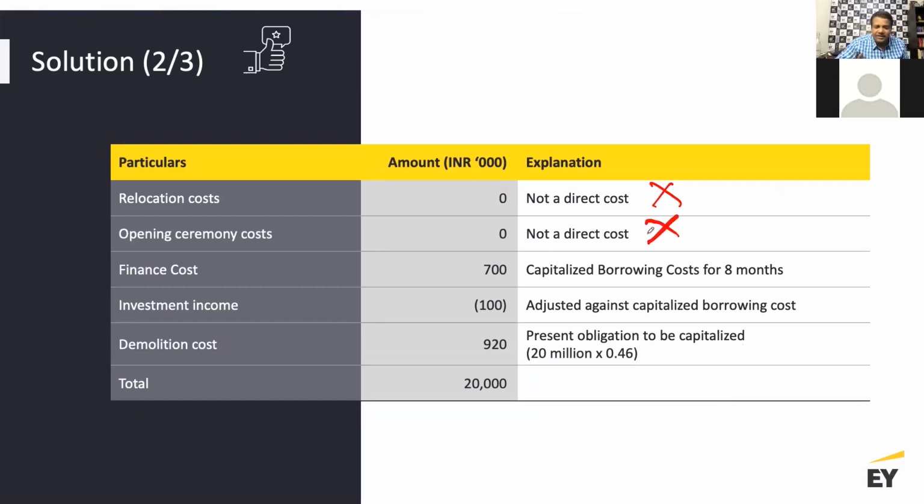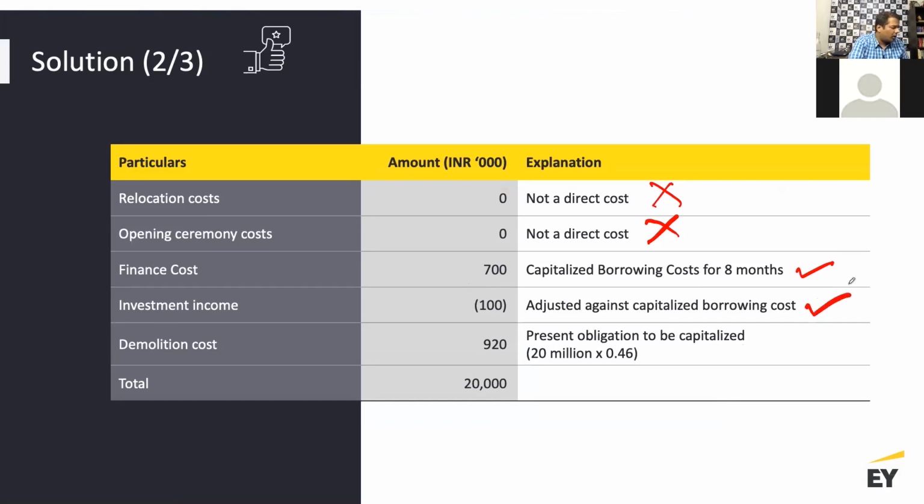Finance cost: I borrowed 17.5 million at the rate of 6% per annum. I'm going to compute my interest cost for 8 months, which is 700. My borrowing cost for 8 months is 700, and I adjust the investment income against the capitalized borrowing cost, which is 100.